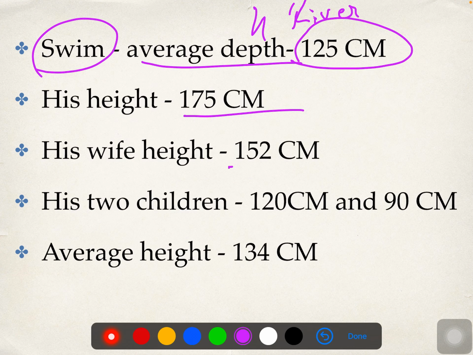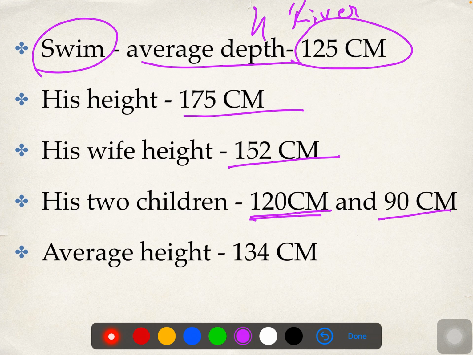His wife's height is 152 centimeters, and his 2 children measured 120 centimeters and 90 centimeters respectively.